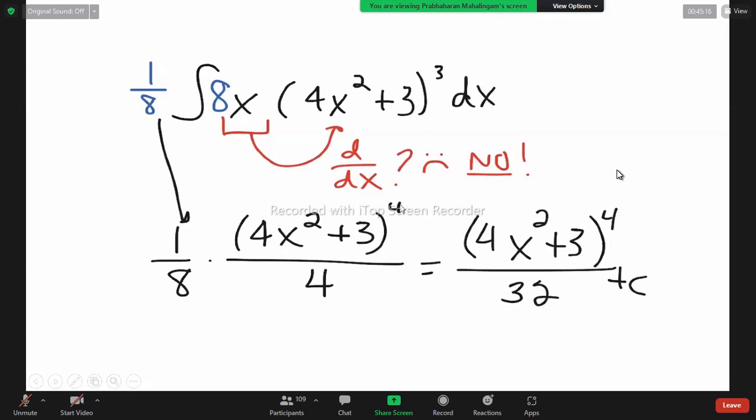If you don't divide by 8, your mark should be 0. Maybe you will get 50% for the working, but the answer should be 1. So it should be divided by 32.